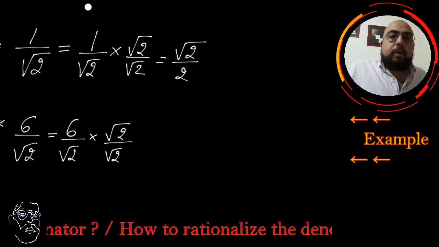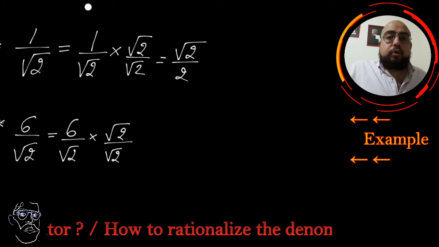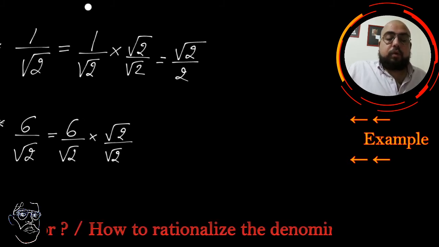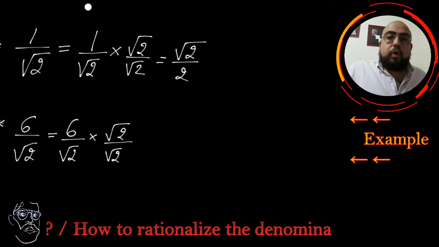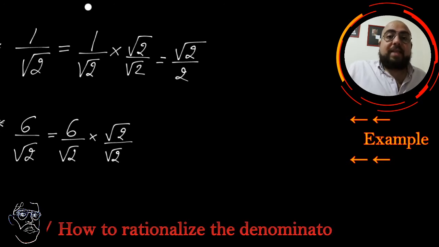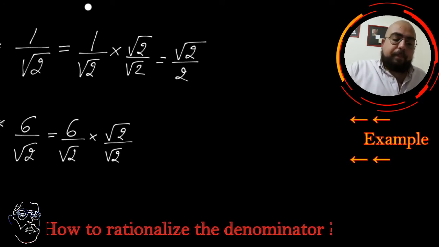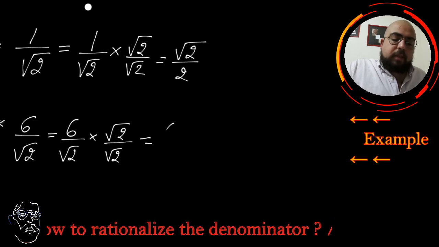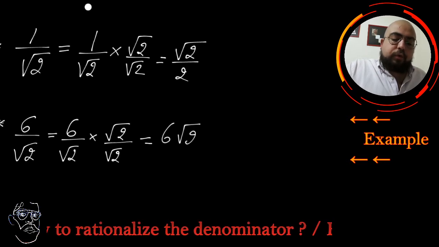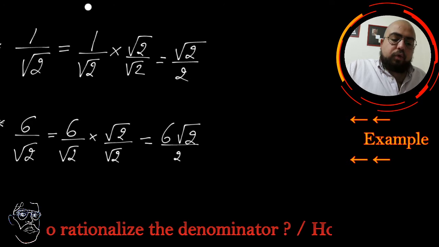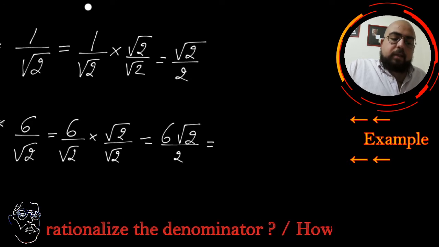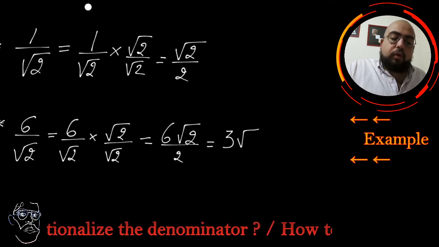We have to multiply by something similar in order to avoid having the square root. So square root of 2 over square root of 2, again it's 1, so it's as if I'm multiplying by 1. So the answer will be 6 square root of 2 over 2. The final answer could be written as 3 square root of 2.